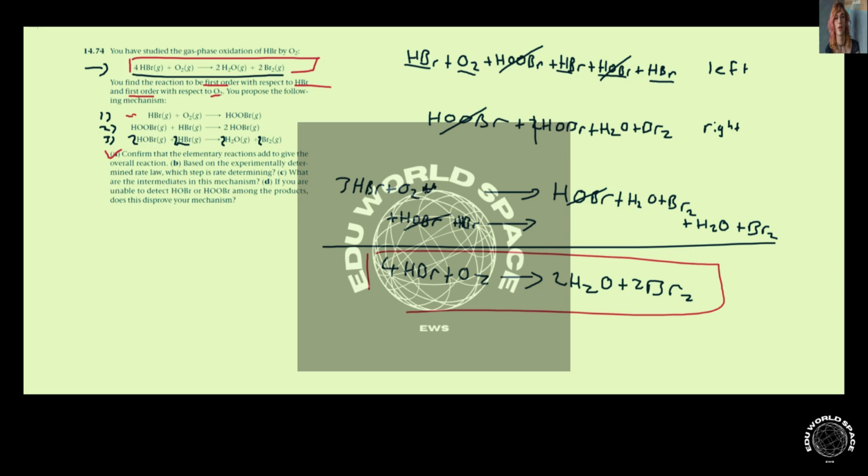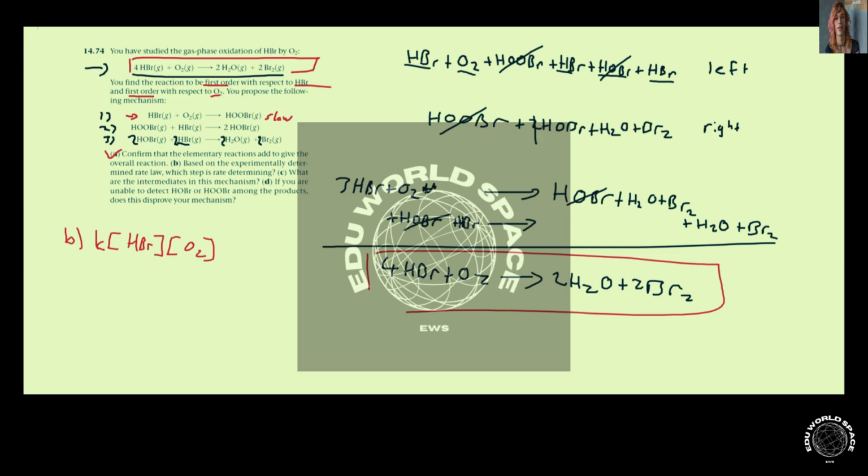Over here, we have, let's write this as a rate law, k HBr and O2. So this is going to be the slow step, which is the rate determining step.